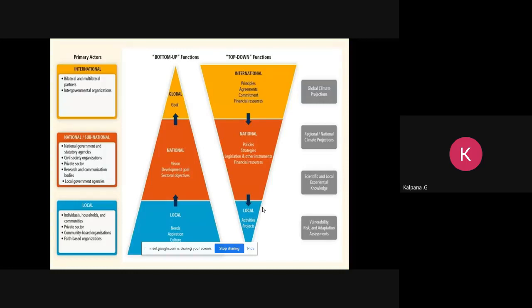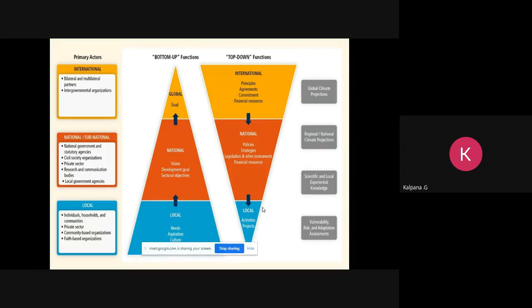This is the example given of how it works: bottom-up functions and top-down functions. When you look at the right hand side, it is the top-down functions. First, it is at the international level. We talk about the principles, agreements, commitment, and the financial resources available. As I said, we look into the market demands, the goal of the organization, and the resources that are currently available. Then at the second level, we have national level policy strategies.